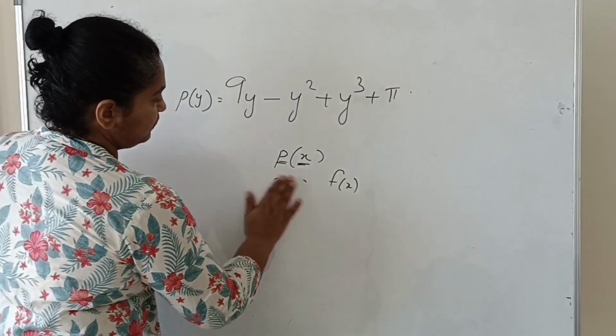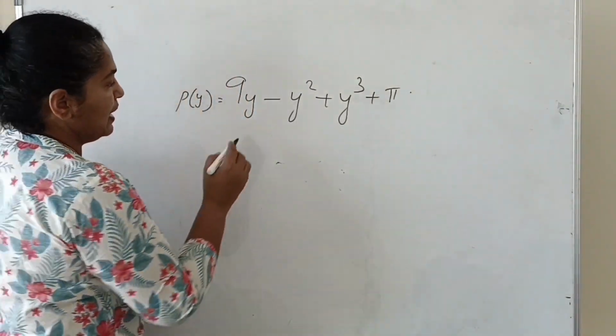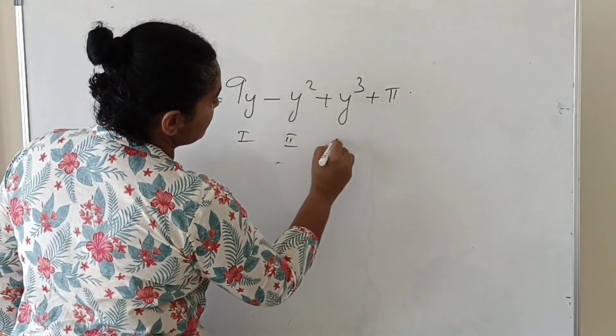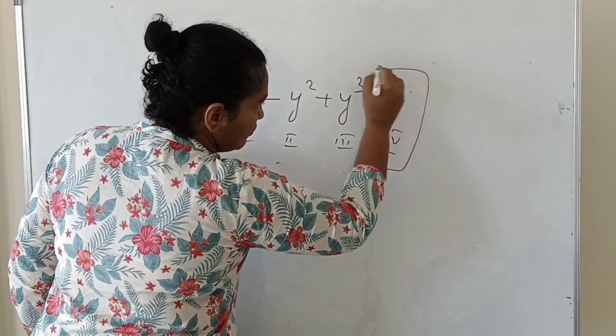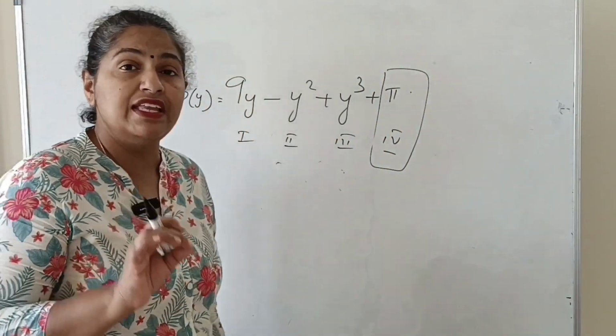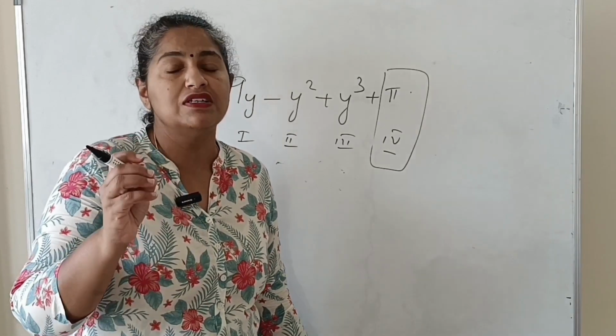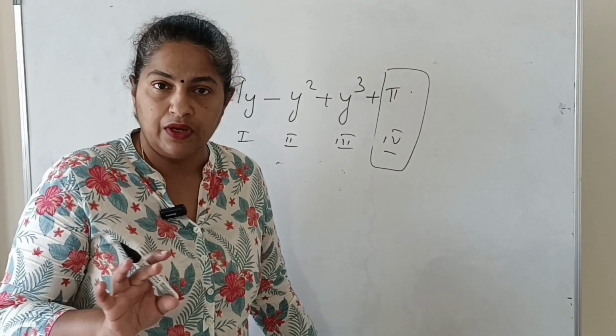Now, how many terms are there in this particular polynomial? I have got 4 terms in the polynomial, out of which one term is a constant. The remaining 3 terms have variables with powers which are whole numbers but not zero.